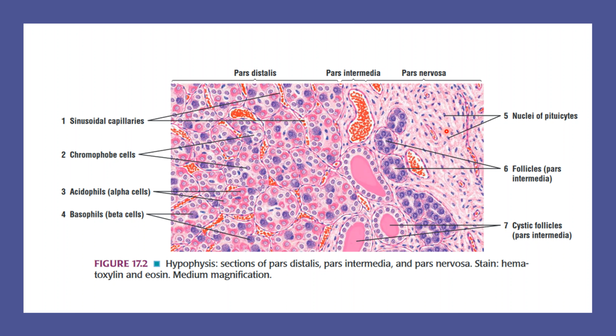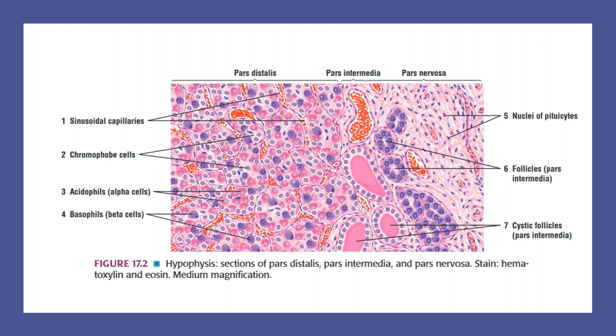So mainly it is made up of axons of the neurosecretory neurons present in the hypothalamus. In between the axons we are able to make out fenestrated capillaries. These hormones will be released into the circulation directly through these fenestrated capillaries.